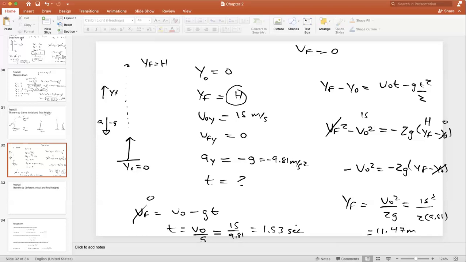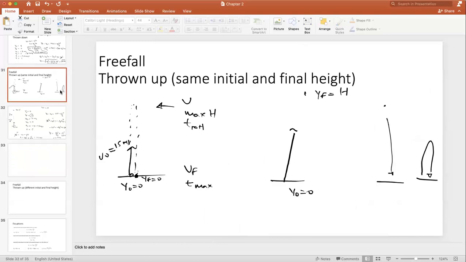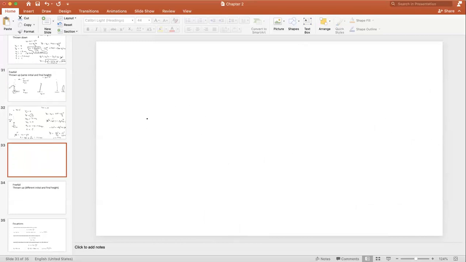Now here's the deal. I'm going to prove it to you, but only if y initial is equal to 0 and y final is equal to 0. If it starts and ends at the same height, the total time is equal to 2 times the time to max height.